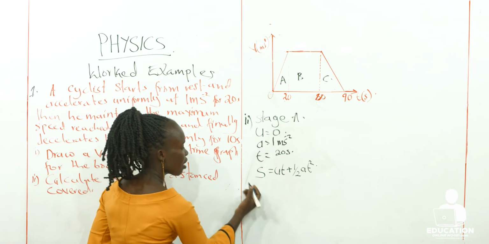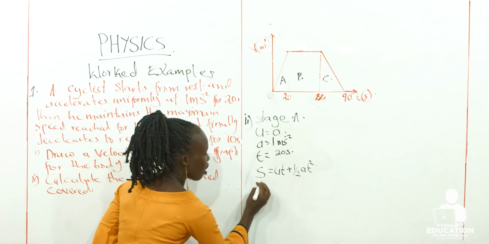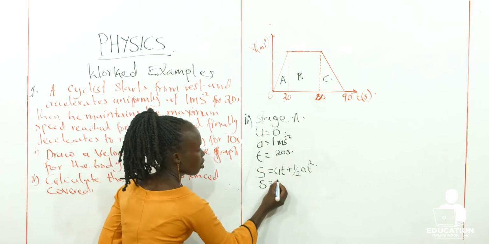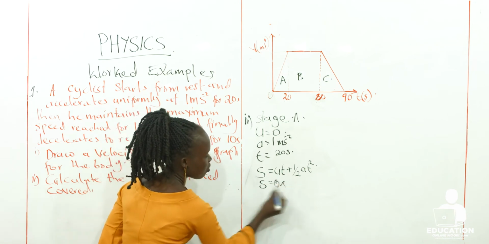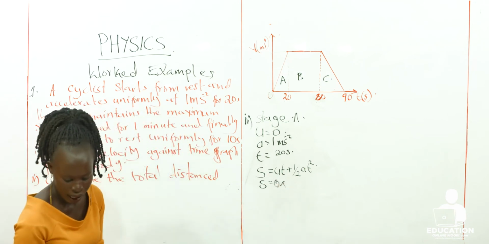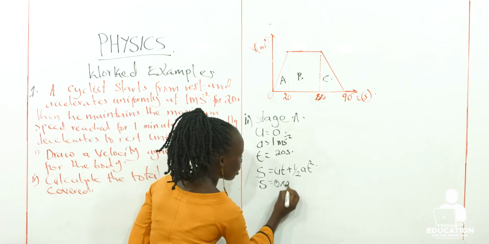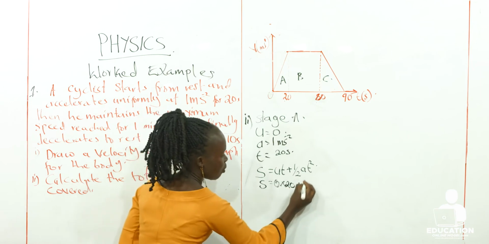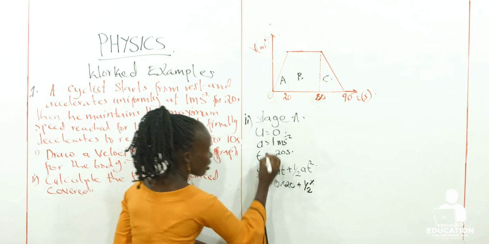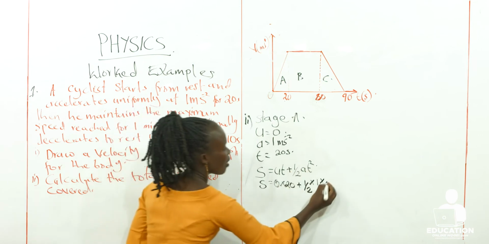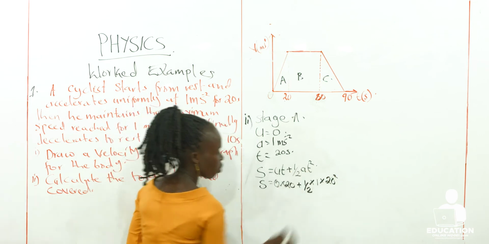So if we have that, we can now get our s. So our s will be equals to our u, which is 0, times our t, the time taken for the body to accelerate to that point, which is 20 seconds, plus a half times the acceleration, which is 1, and then the time again, but this time it is squared.